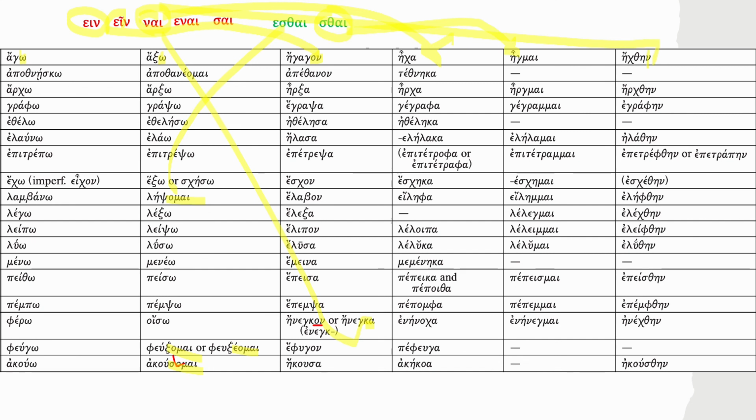Right? And then of course you're going to get rid of the augment if it's an aorist. Okay, so that should help out really quickly. Just a quick way of going through the endings, figuring out what the endings of the infinitive are for the various tenses.